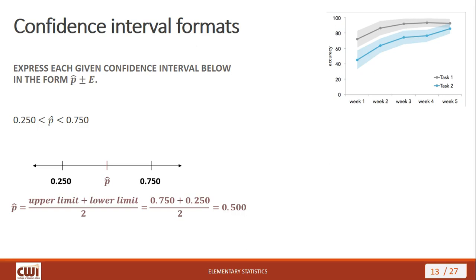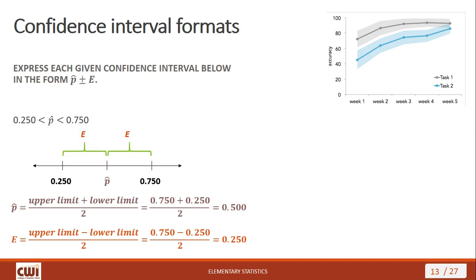Now we just need to find our margin of error. The margin of error is the distance from p hat out to either one of its limits. So we have the distance to the upper limit, the distance to the lower limit. They're going to be the same because p hat is directly in the middle between those limits.